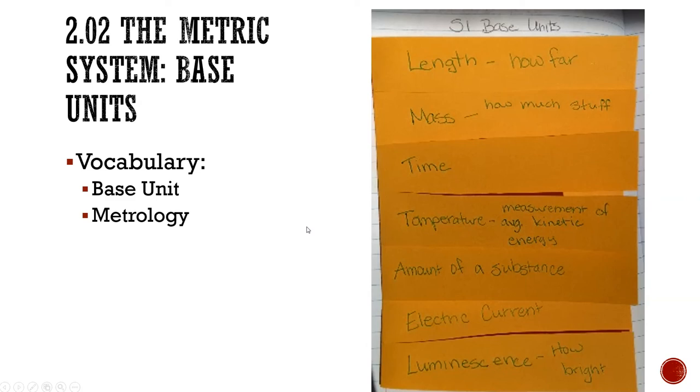And so we're going to look at what the SI base units are for length, for mass, for time, temperature, the amount of a substance, the electric current, and the luminescence. So the length is really talking about how far. And what I did to get this was I took a piece of paper and folded it in half.